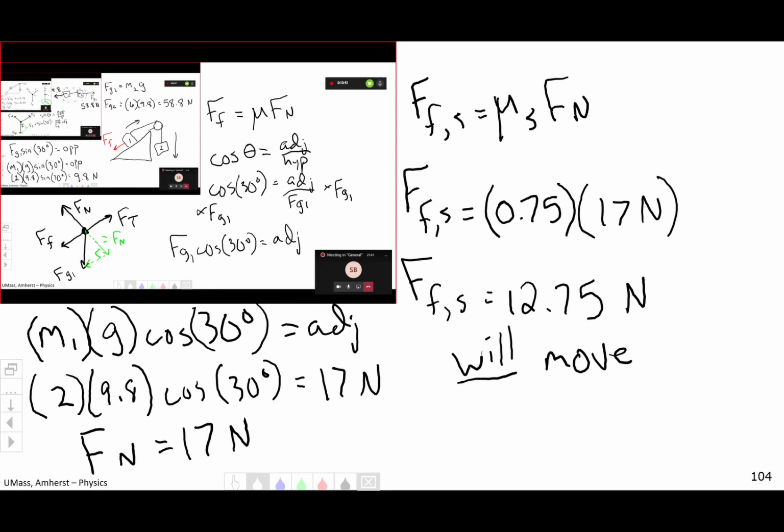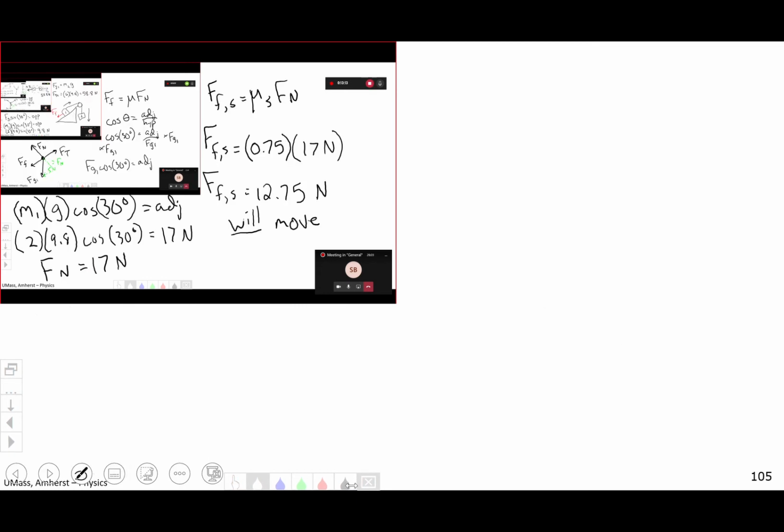Now, in order to determine what it is going to do when it moves, we're going to need to figure out the force of kinetic friction. And the force of kinetic friction would be calculated much the same way, where we would have the force of friction kinetic equals mu kinetic times force normal.